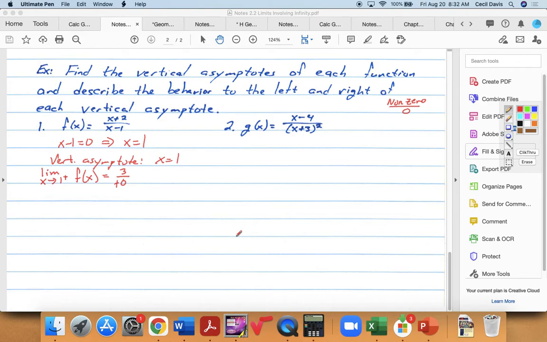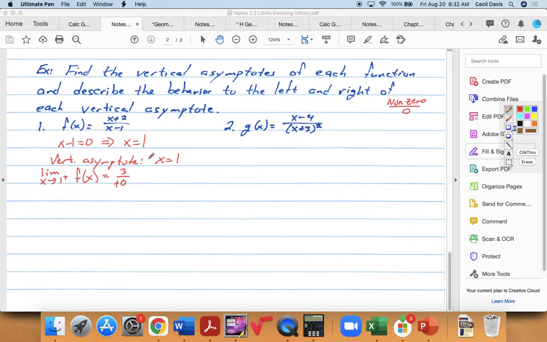That's your answer? Nope. I'm just checking. And technically, this isn't really an answer at all. This probably should go someplace else because it's not really equal to that because this doesn't exist. But if I have 3 over a positive number, a positive divided by a positive is going to give me a positive.